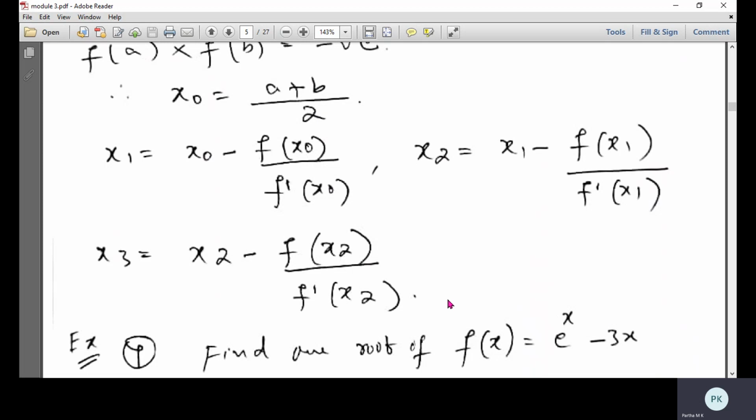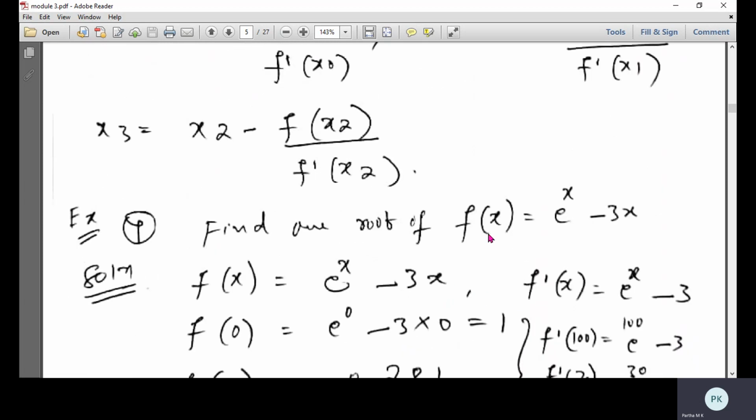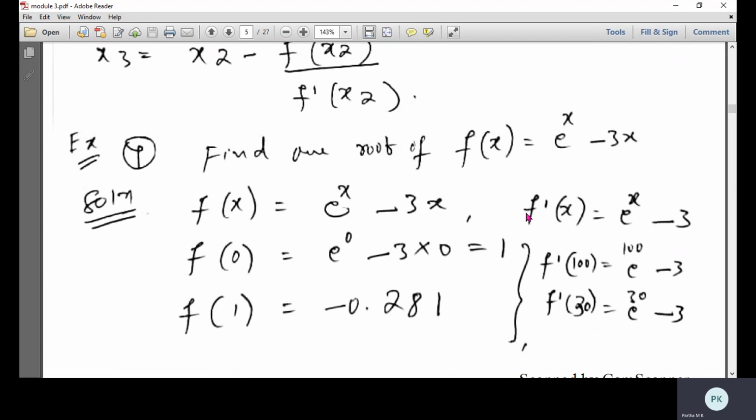Now let us take a problem. Find 1 root of f of x is equal to e to the power x minus 3x. Right? No interval is given. So therefore, if the interval is given, fine. Even if the interval is given, in that interval, you take a very small interval.